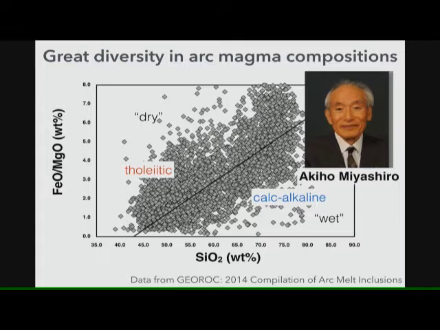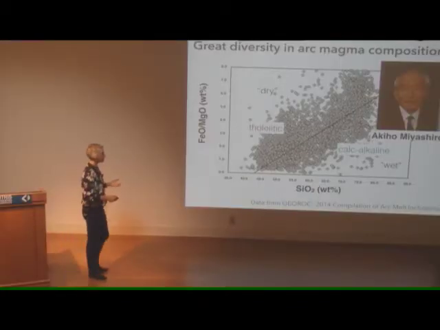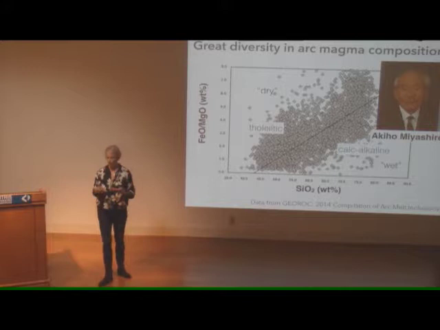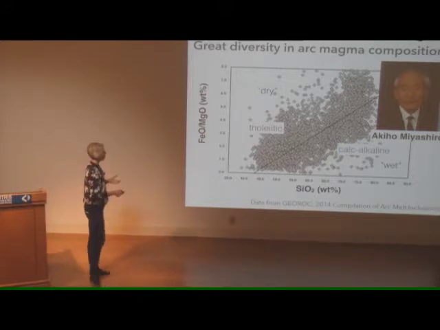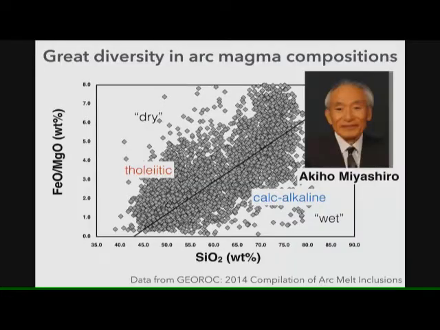And so I put here in quotes what's become the canonical way of thinking about this diagram, that those that are in the calc-alkaline field are ones which have had some water involved in their genesis, and dry tholeiitic magmas are ones that tend to be drier. We'll talk about the nuances of this view today and how much it holds up, but this is a classic way of looking at this diversity.